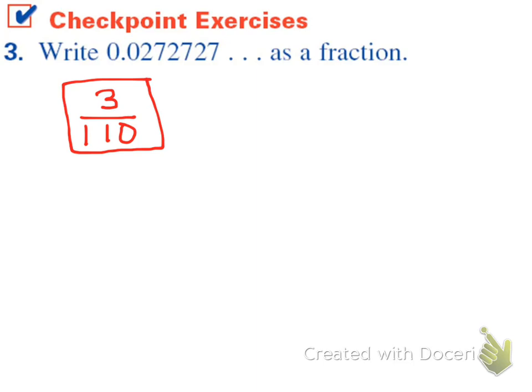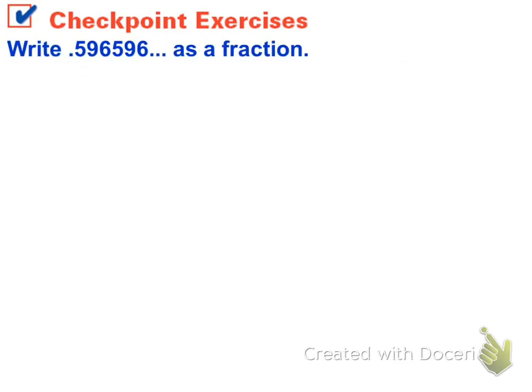Alright, try another one, just a little bit different. This one, you got 0.596596 repeating. Pause the video, give it a try. Alright, if you paused the video and gave it a try, you should have found that it would be equal to 596 over 999.